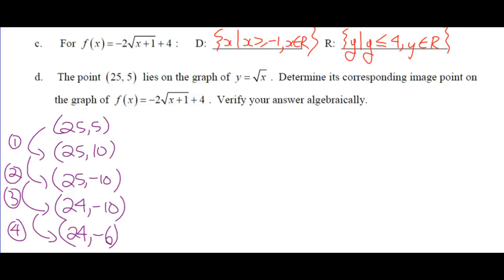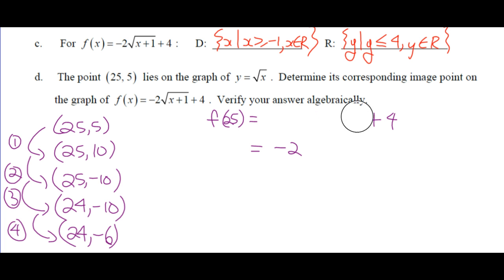Verify your answer algebraically. So we want to work out f of 5, which is negative 2 root (5 plus 1) plus 4. Oh, sorry, f of 25. Didn't we use the image point? Verify.